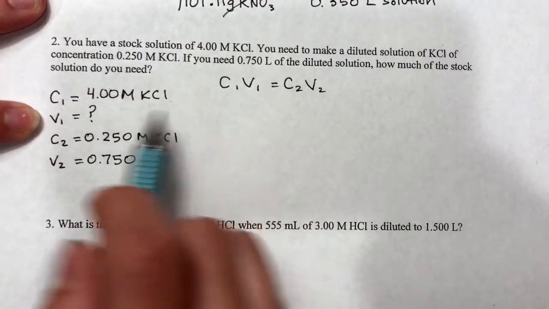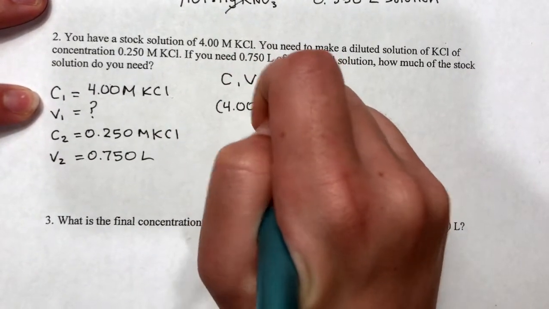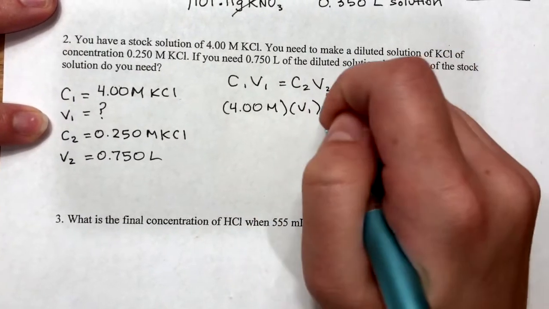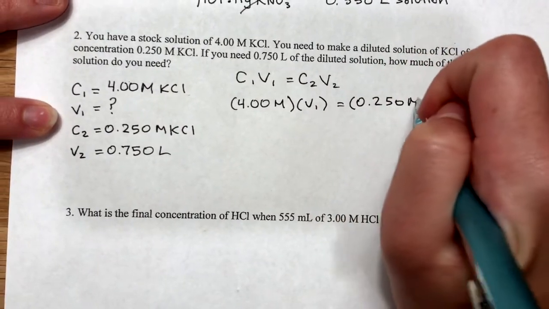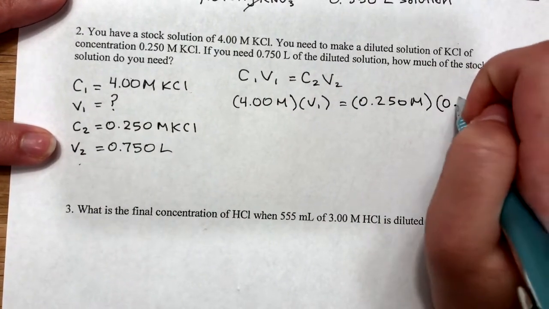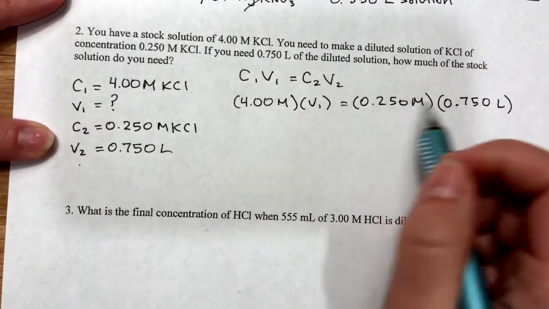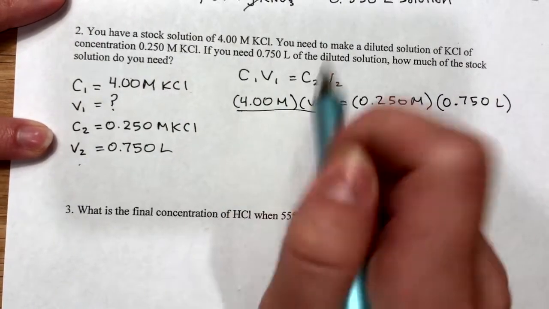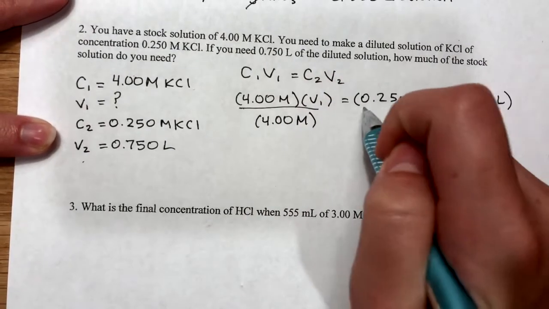So plugging into our equation, concentration 1, 4.00 molarity times V1, which is what we're looking for, equals our C2, 0.250 molarity, multiplied by volume 2, 0.75 liters. When we multiply this out, to get V1 by itself, divide by the 4.0 molarity for both sides.